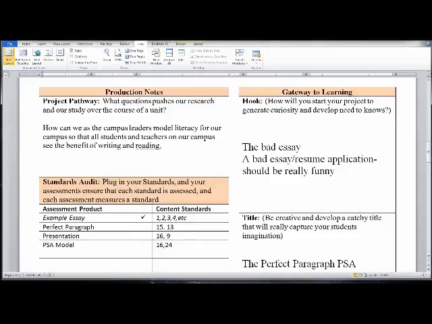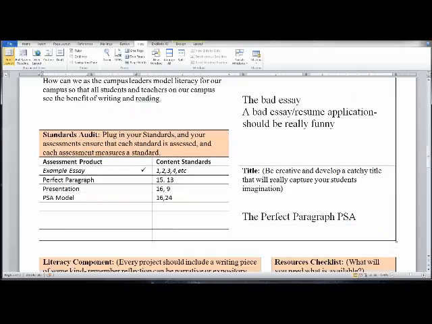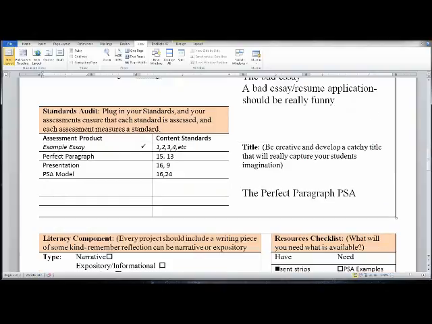All right, let's pop down here to the title. You want to develop catchy titles. It's kind of a misnomer because honestly, they're probably never going to call them by their titles, but it's kind of for your benefit and for your sanity.